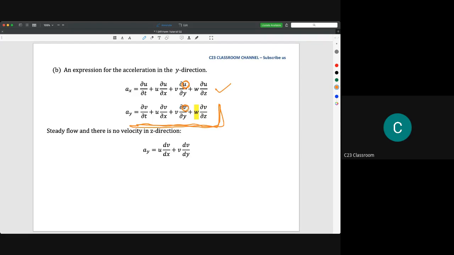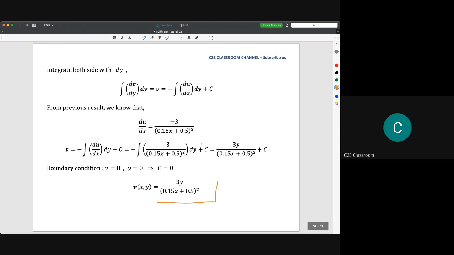Because the width is equal to 1, we just assume that there is no influence of the z direction, so we could neglect this term. So we have this one. Then we cannot neglect the values of u and v, because in our equation here we have x and y.